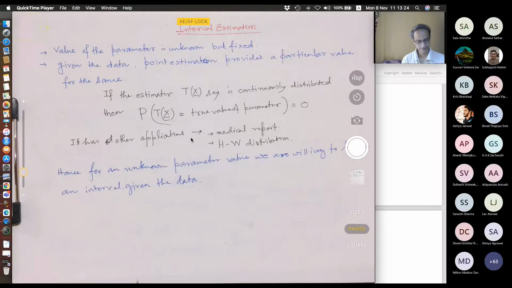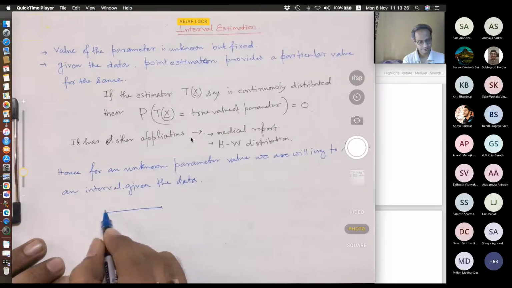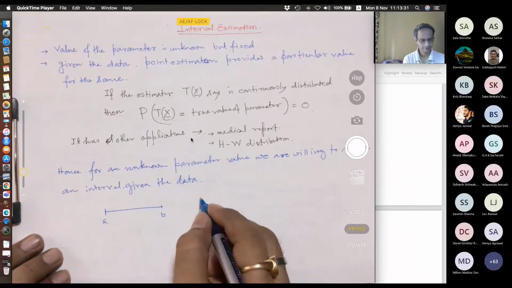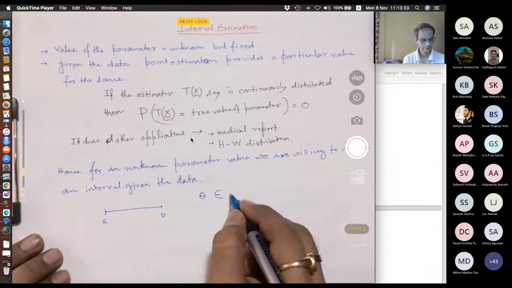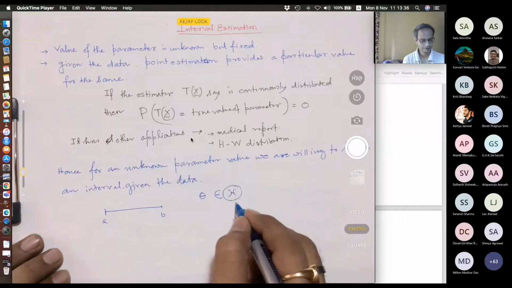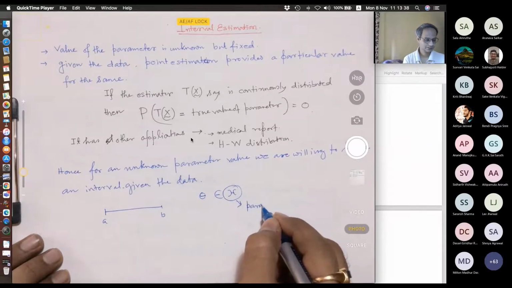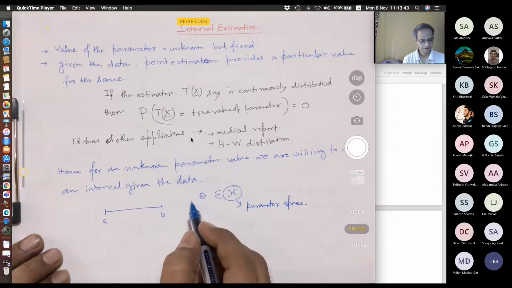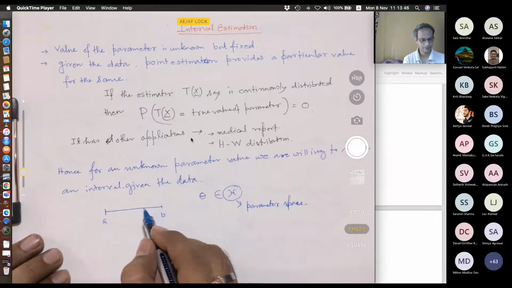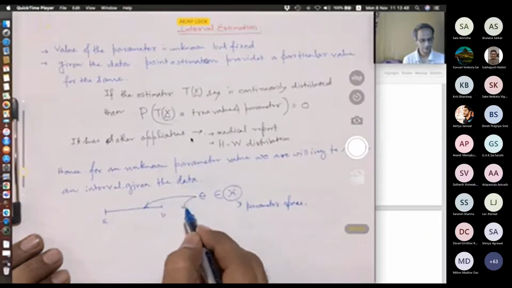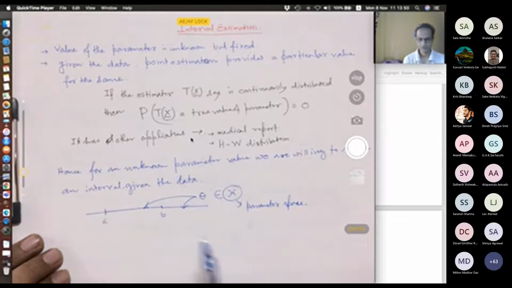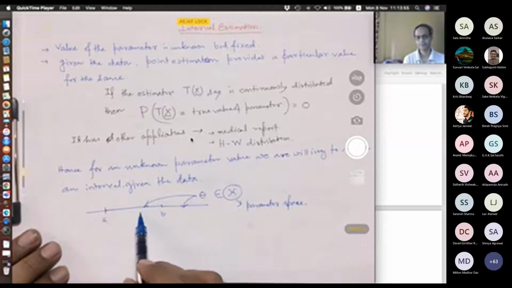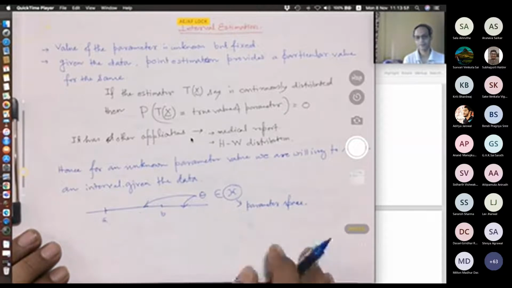Yeah, but here you see that you have an interval, say A to B, and there is some unknown parameter theta, which we don't know, from the parameter space. Then either theta will be within this interval or it will be out of it. If it is within this interval, the probability is 1. If it is out of the interval, it is 0.